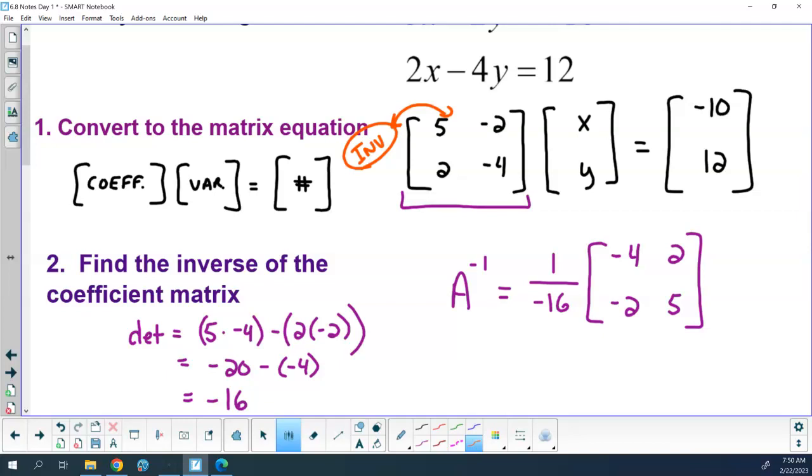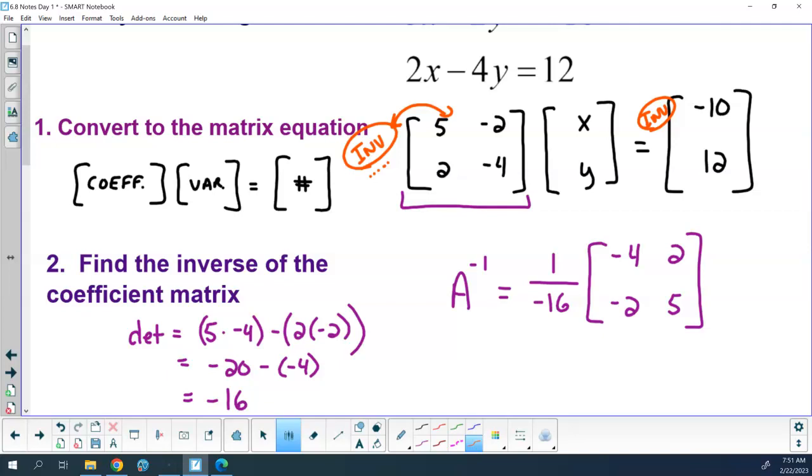So those two are going to be gone. But then I have to multiply by the inverse on the right side. Well, because order matters in matrix multiplication, I have to multiply by the inverse on the left side, because I multiplied on the left side over here.